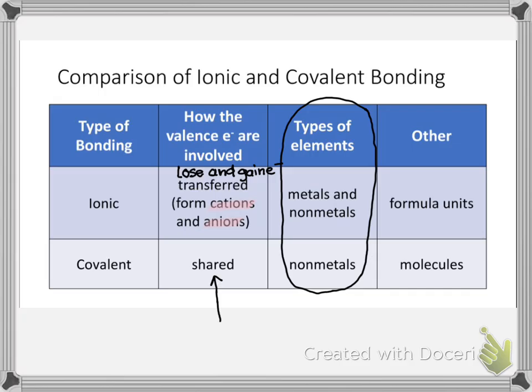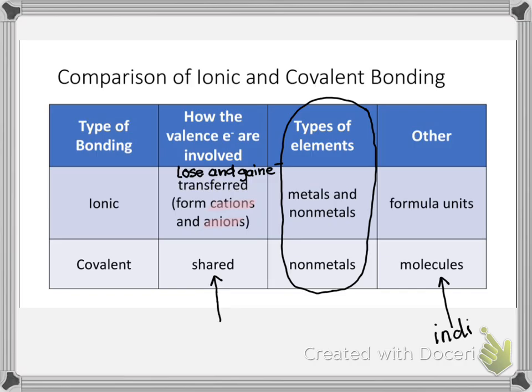And then the other thing that we want to consider is how these form. When they form, how do they form? Ionic compounds, they call them formula units. They do not form individual units called molecules.